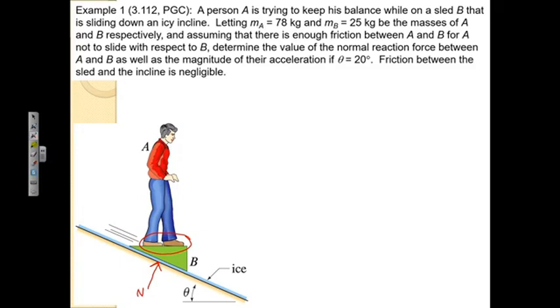Force of friction, don't know it. Normal force between them, don't know it. Come down here, I've got the normal force again, the force of friction again, so we don't have to double count those. I got the normal force between B and the incline. And I got one more, the acceleration. Apparently I just need the acceleration magnitude because I have its direction.